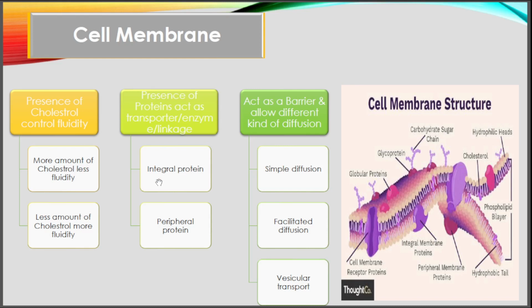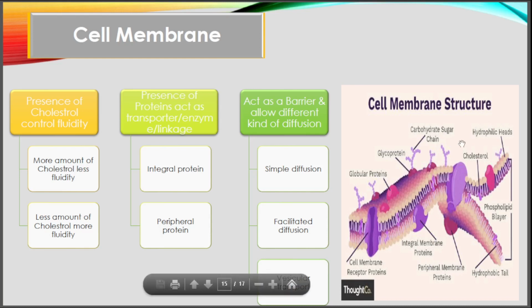The proteins are of two types, integral proteins and peripheral proteins. The integral proteins are sometimes glycosylated, means they have sugar residues present in them. They are present in the integral region, so they are called integral proteins. The ones present on the peripheral region are called peripheral proteins.